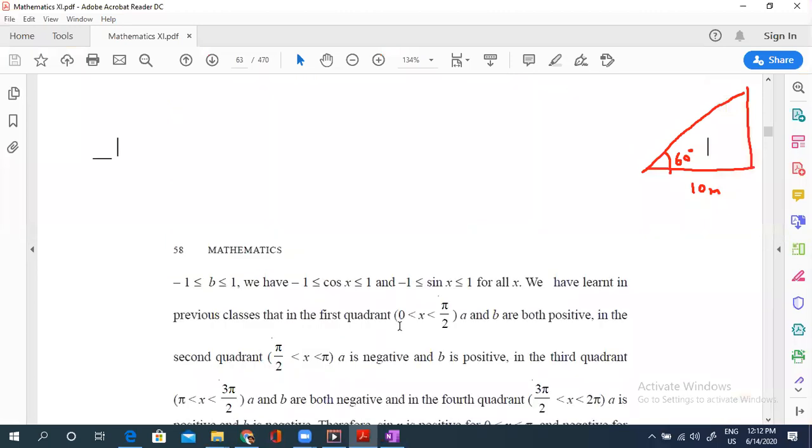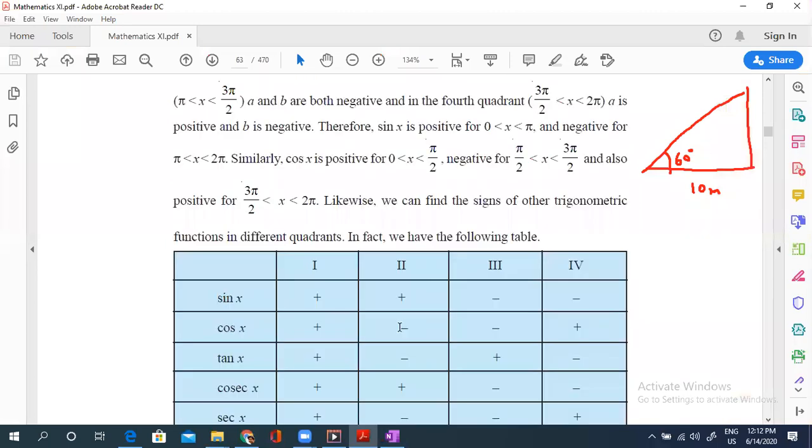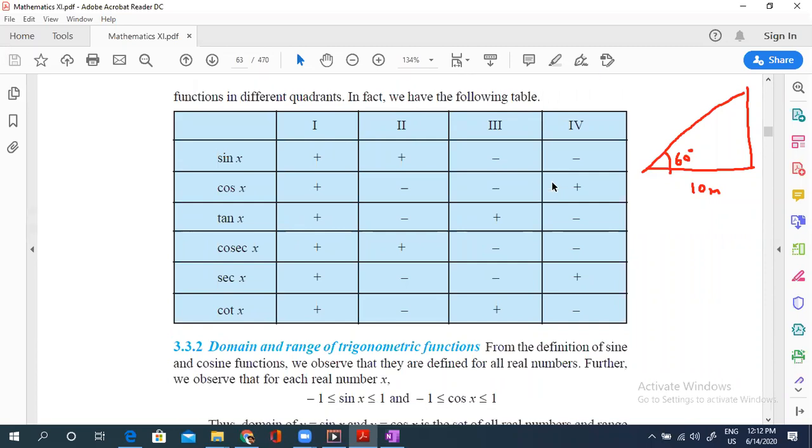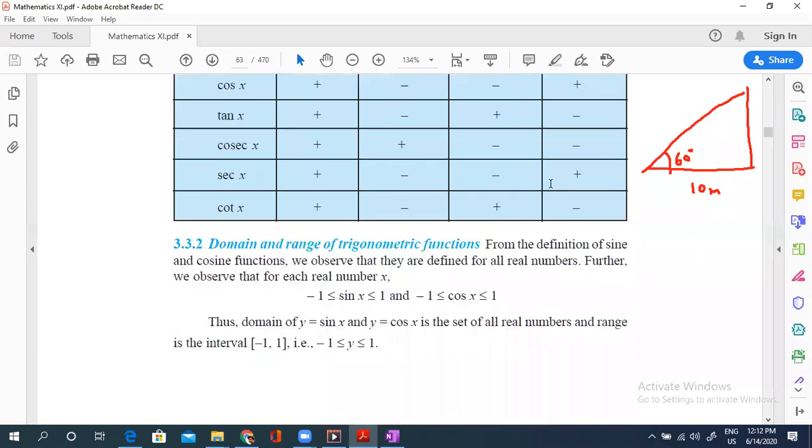So we have studied the sign of trigonometric functions. You remember the table: sine is positive in first and second quadrant, but negative in third and fourth quadrant, right?